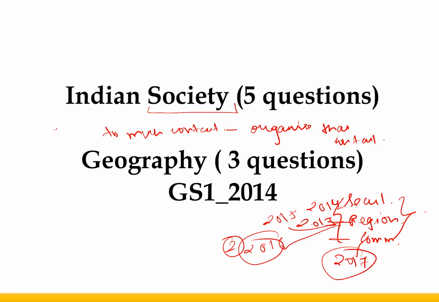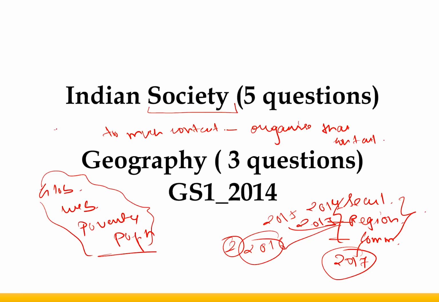I am planning to make a separate video on how to approach these 3 topics in a template manner. Similarly, for other topics of society, which are globalization, urbanization, poverty, and population, one question will definitely come from each of these topics. Then the third part in society is, according to me, women and related issues.